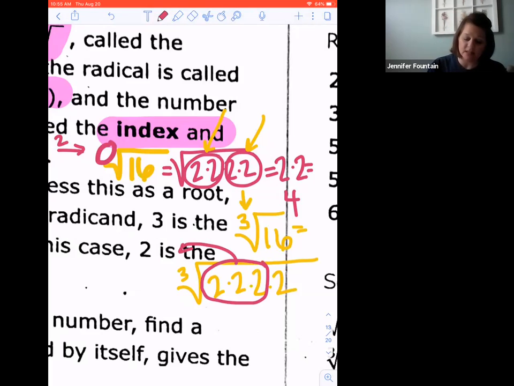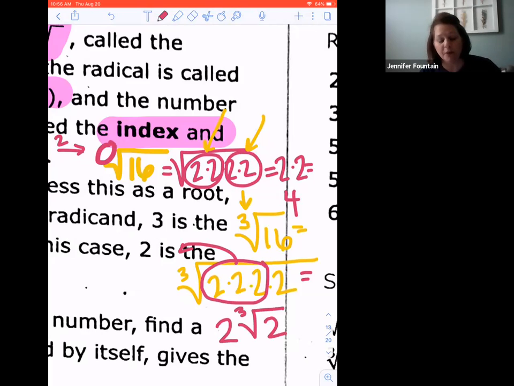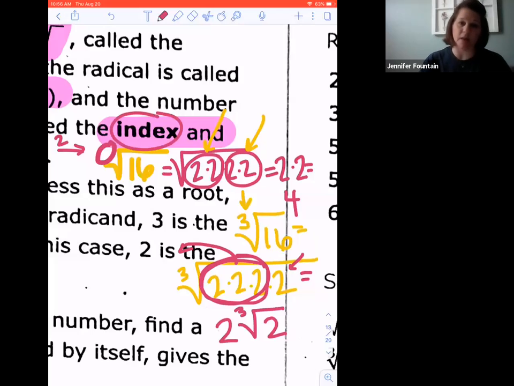So this would equal 2 times the cubed root of 2, because I would have to have 3 of them for one whole number to come out. This guy's left by himself because he doesn't have anybody, so he has to stay under the radicand. That is the difference the index makes. The index tells you how many buddies have to be under the radicand for a whole number to come out.